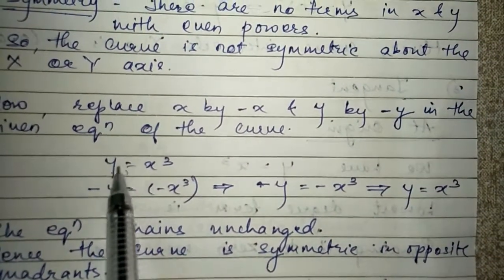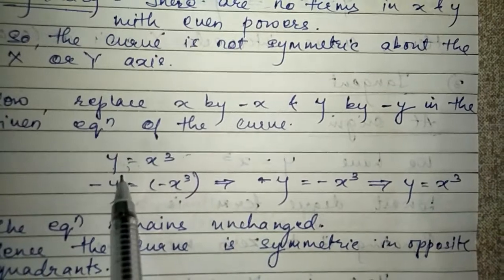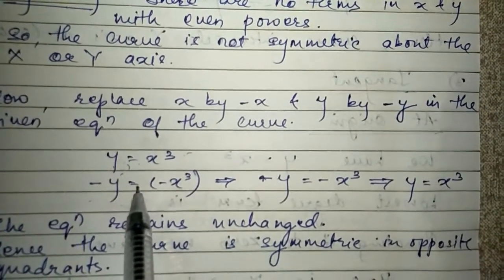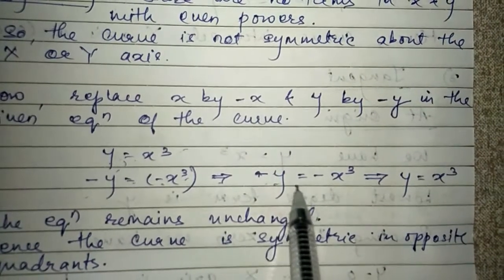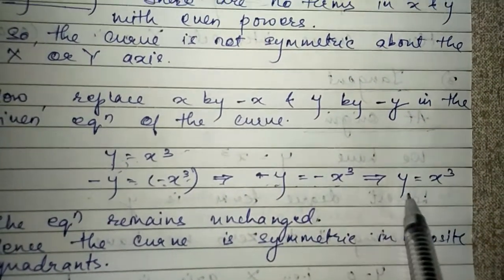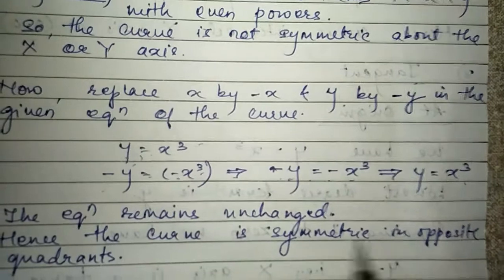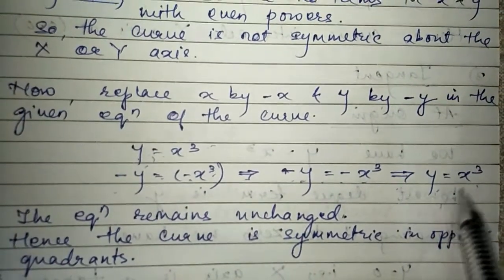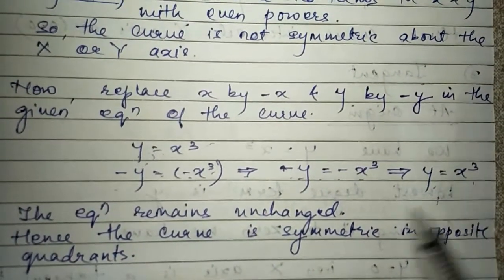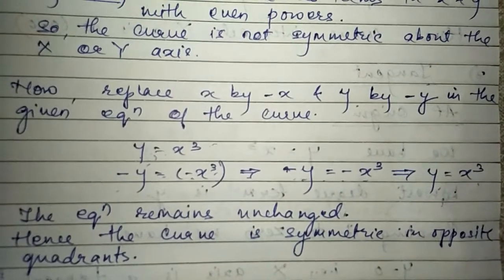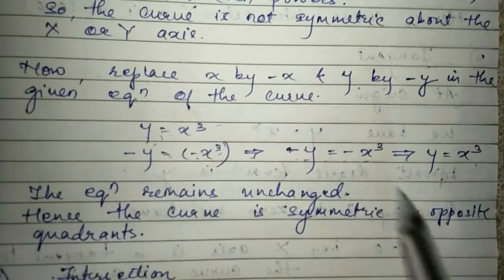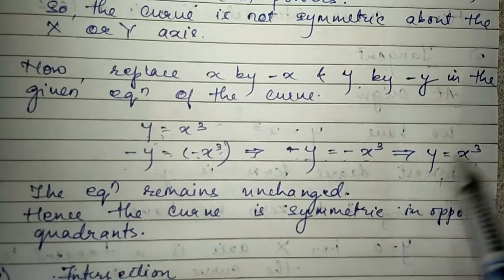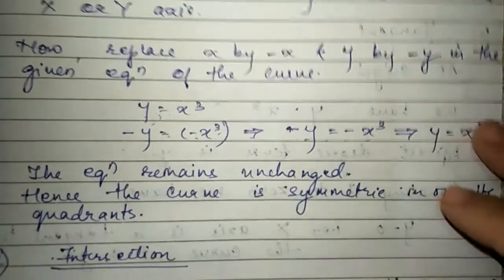It will be minus y is equal to minus x whole cube. That is minus y is equal to minus x cube, or y is equal to x cube. That means the equation of the curve remains unchanged if we replace y by minus y and x by minus x. That means the given curve is symmetric in opposite quadrants.